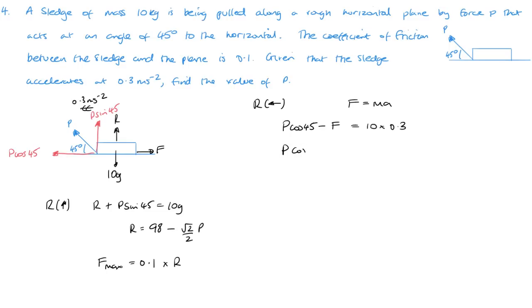So I could have done P cos 45 minus 0.1 R equals 3, equation 2, and equation 1 here.